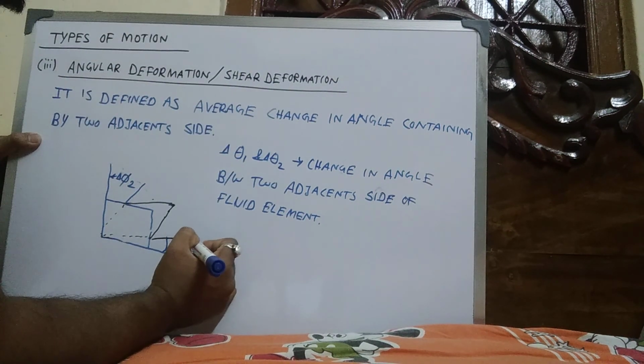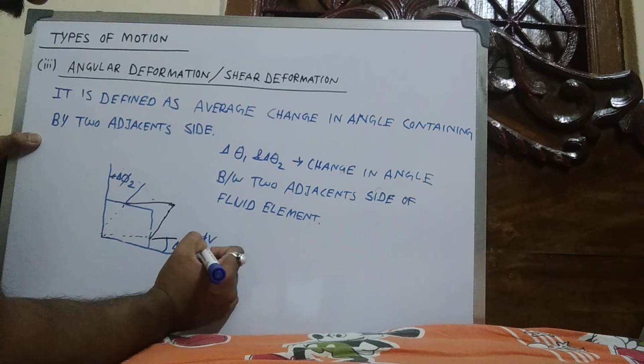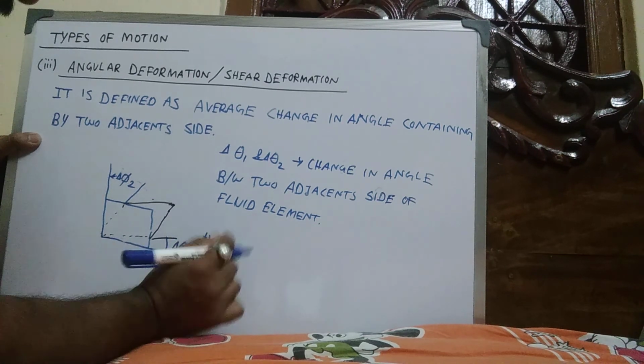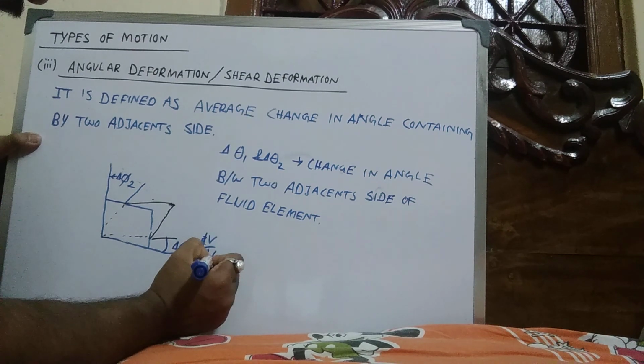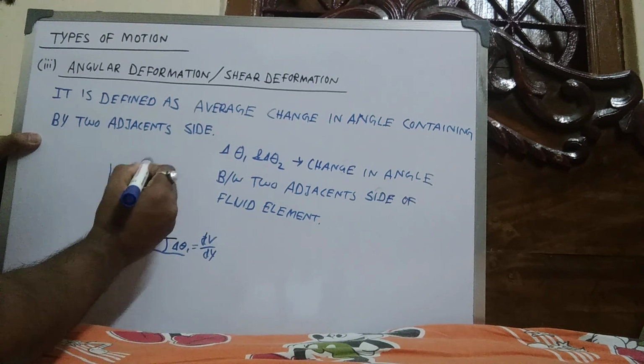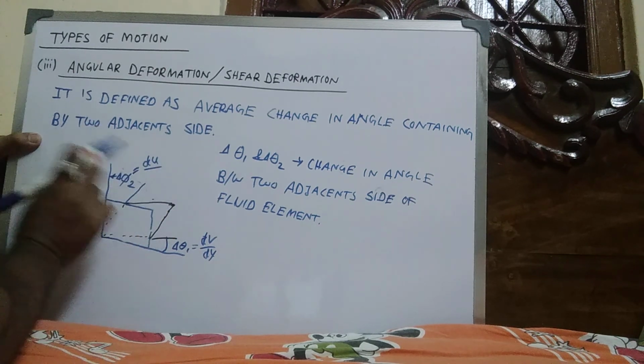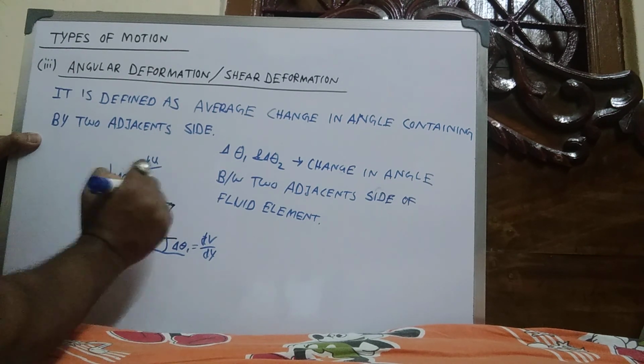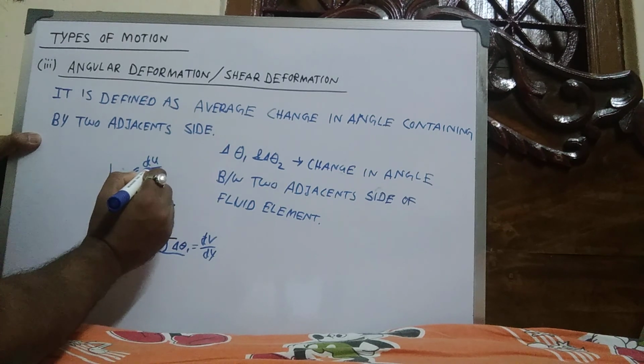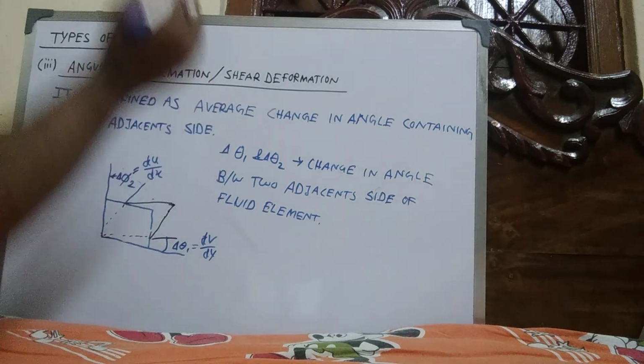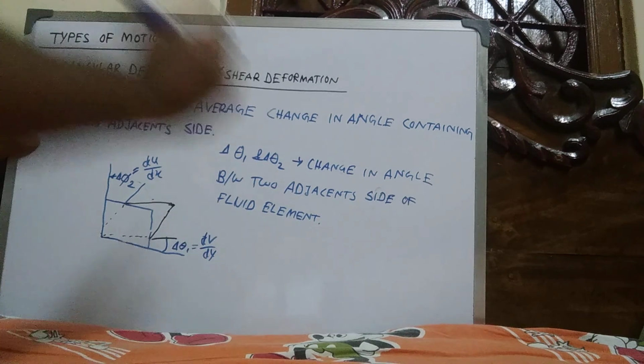So this theta 1 is dv by dx, sorry, dv by dy, and this value is du by dx in the x direction. Understand?